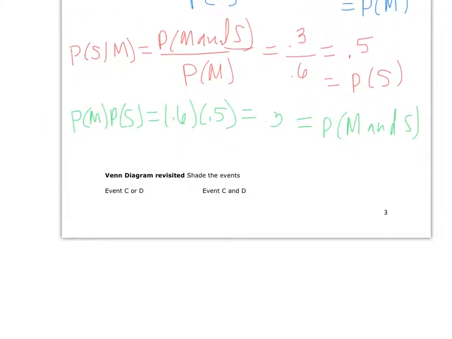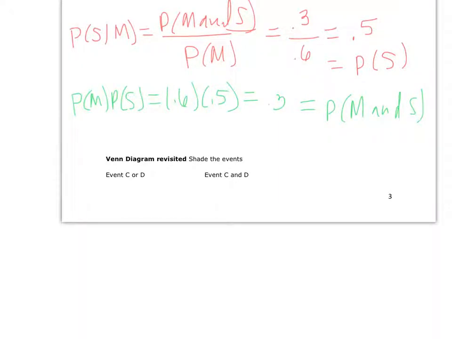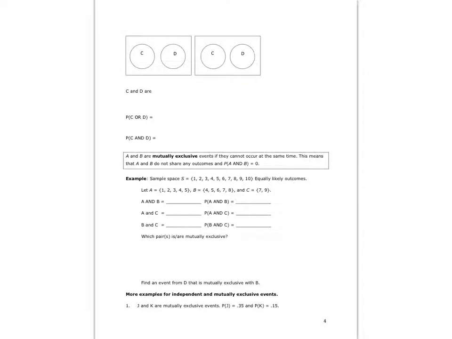So let's look at Venn diagrams in relation to a couple of events, C and D. Unfortunately, these got split onto two different pages. Going on to the next page.